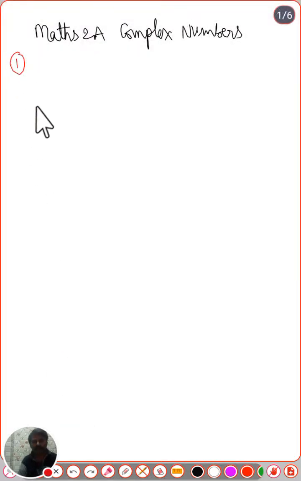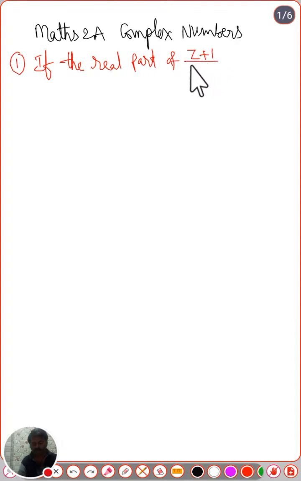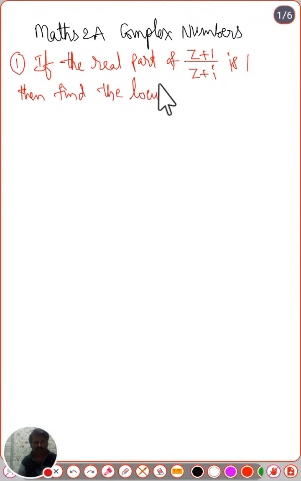First question is, if the real part of (z plus 1) by (z plus i) is 1, then find the locus of z.